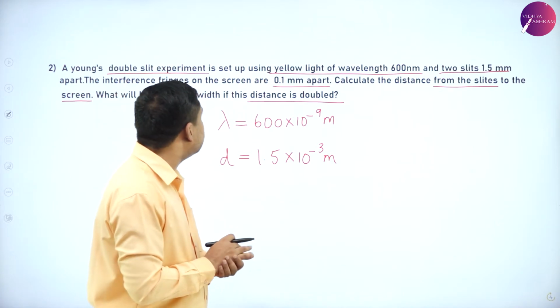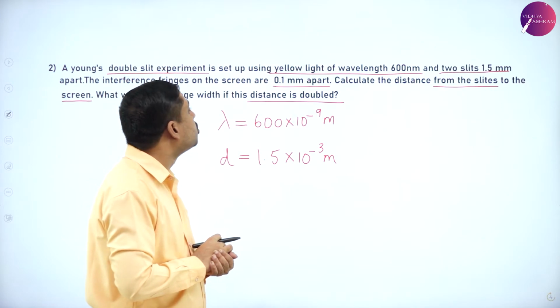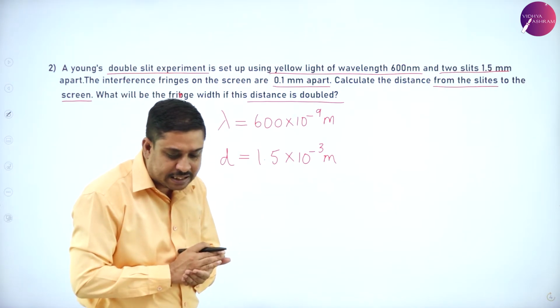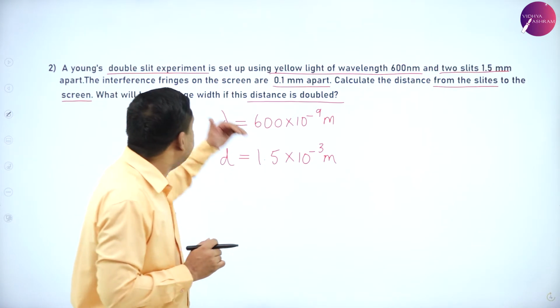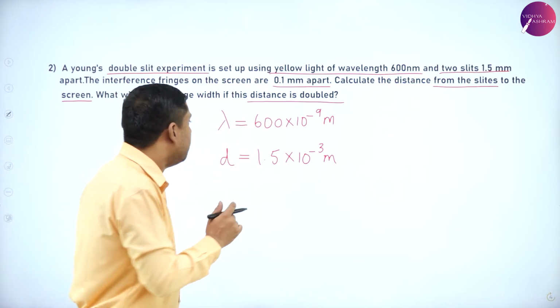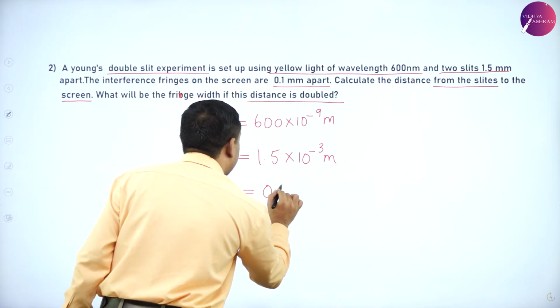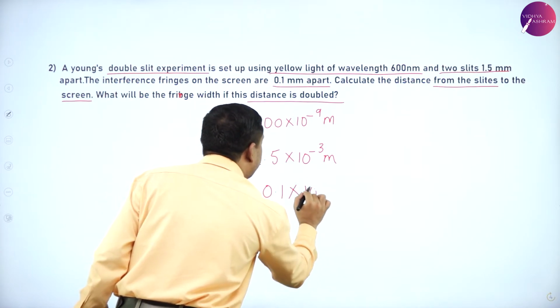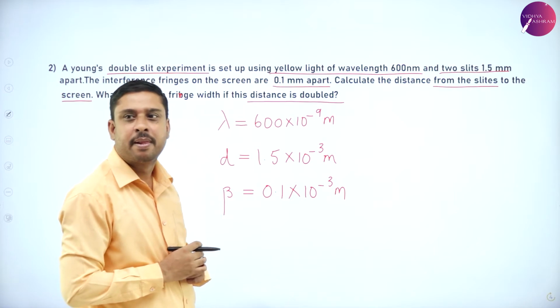The interference fringes on the screen are 0.1 millimeter apart, which means fringe width beta is equal to 0.1 into 10 power minus 3.